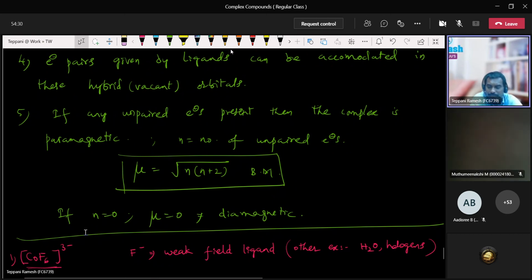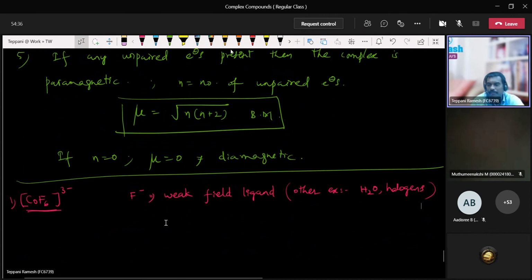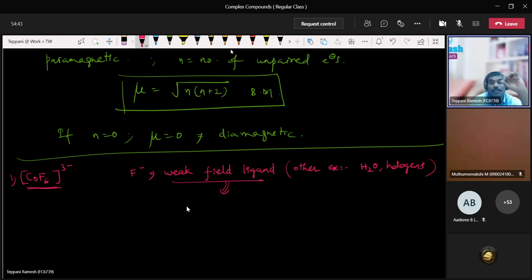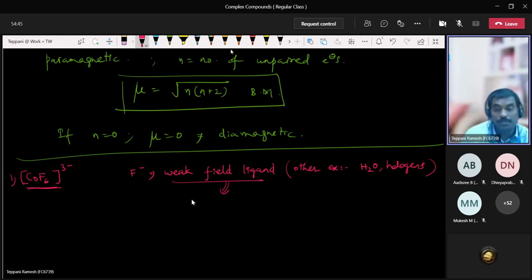CoF6 3 minus, where F minus is a weak field ligand. This is one clue. Whenever a weak field ligand is there, no electron pairing, Hund's rule not violated. No electron pairing or reorganization.